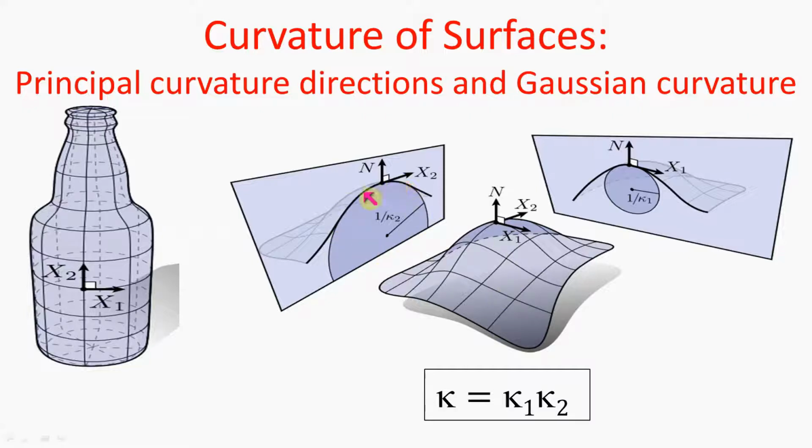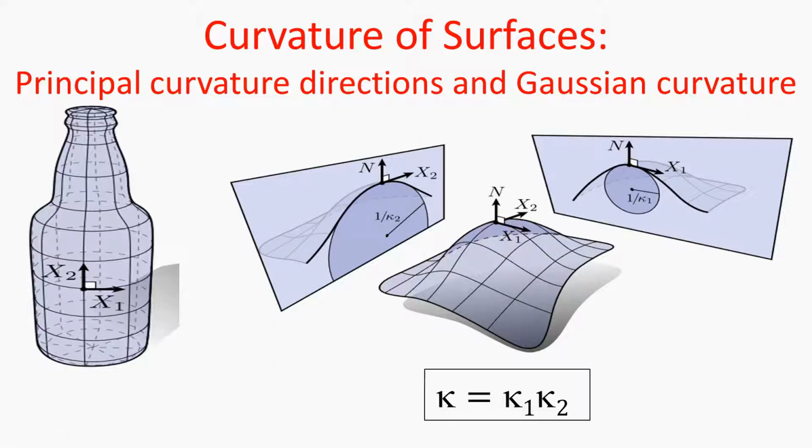So for this curve on the surface, we can determine the osculating circle, compute the reciprocal of the radius, and we can obtain a curvature for this particular curve. This curvature depends on the selected direction. That's why it is also called directional curvature.